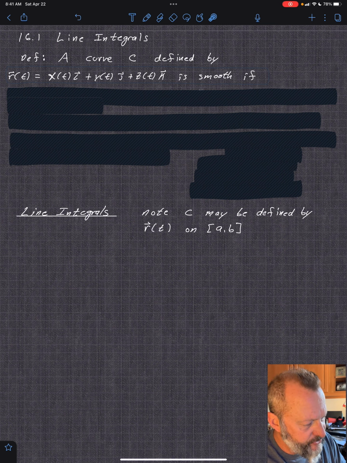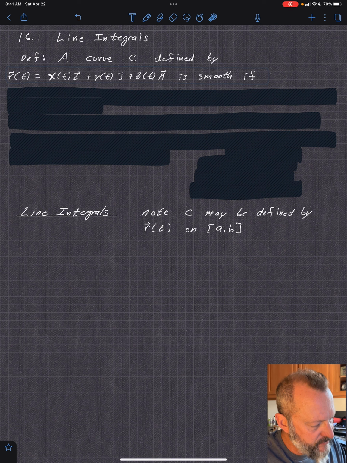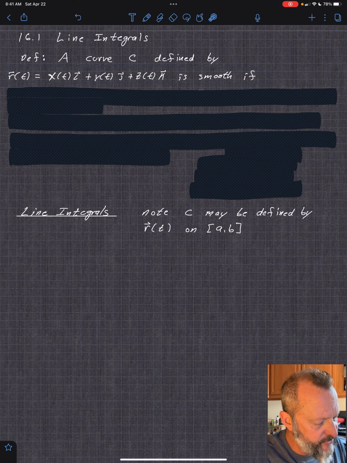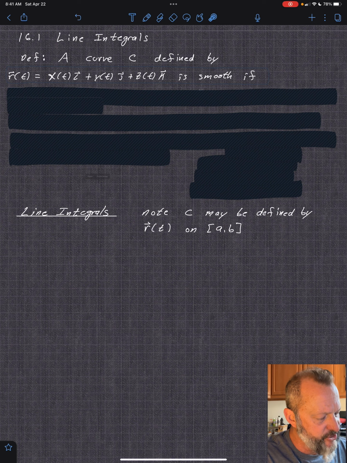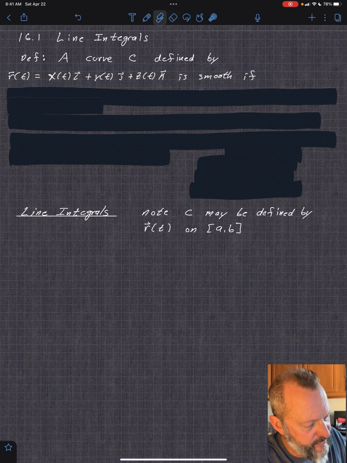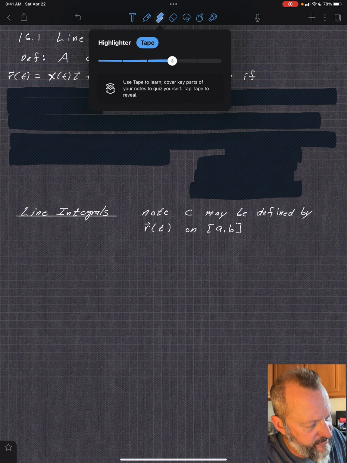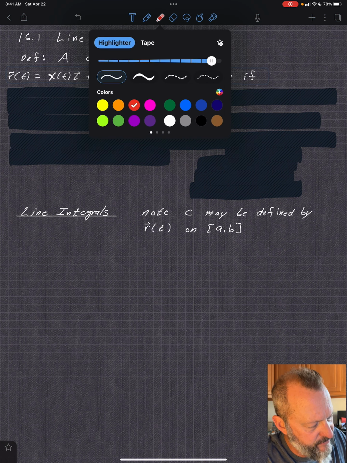Okay, so this curve r of t, x of t i plus y of t j plus z of t k is smooth. That's the other definition we're talking about.